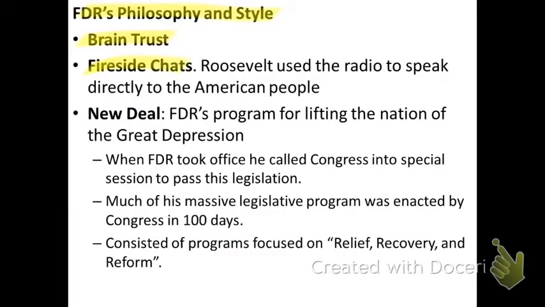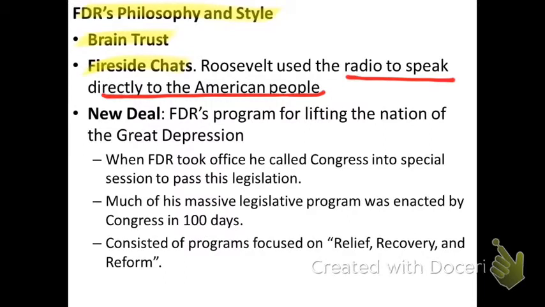His fireside chats became very well received. He used the radio to speak directly to the American people. First time this had been done. In addition to providing information on what government programs were coming out or how government programs were working, Roosevelt provided a sense of optimism, a sense of belief that we here in America could lift ourselves from the problems we found ourselves in.